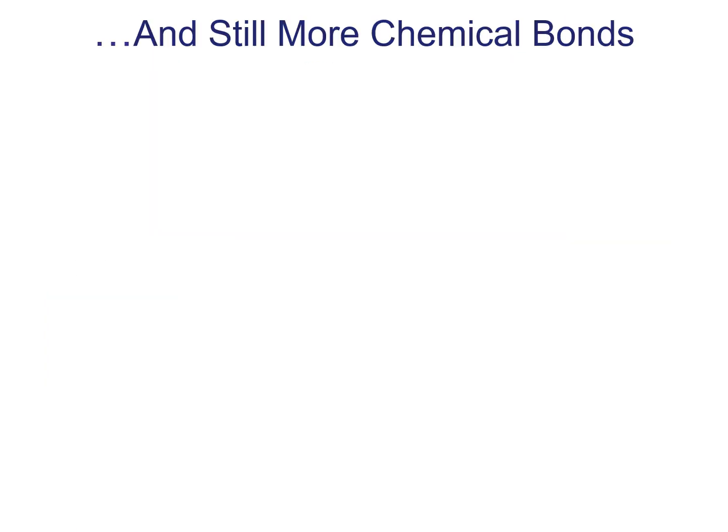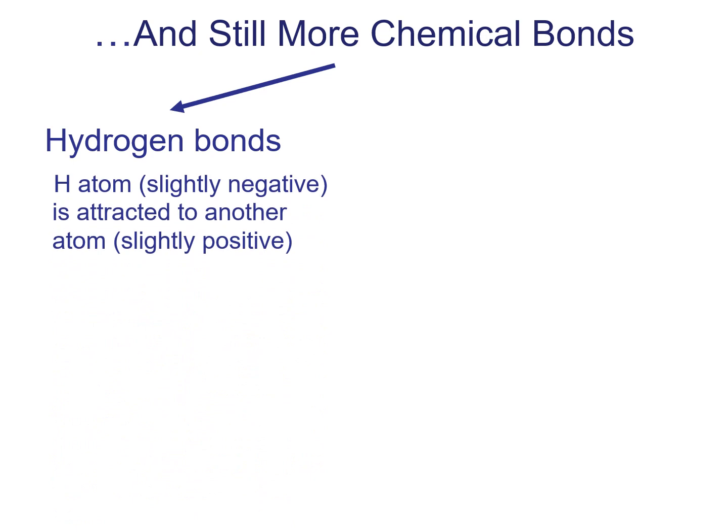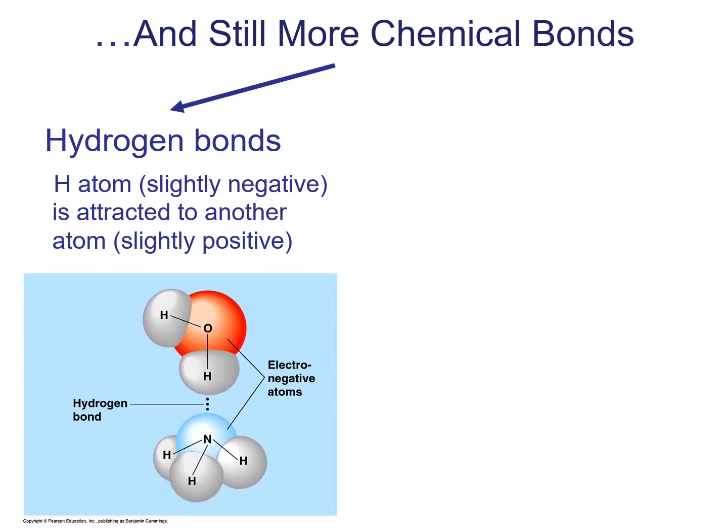There are two more weaker chemical bonds that we should talk about, and the first one would be hydrogen bonding. So in this diagram here at the top, we've got a water molecule. Remember, it has a dipole, so the oxygen is slightly negative, the hydrogens are slightly positive, and underneath that we have ammonia.